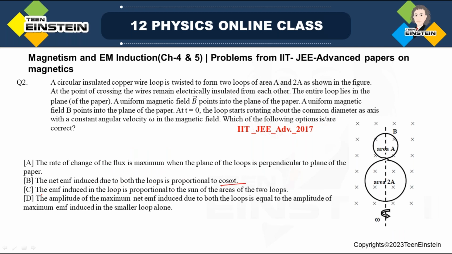The EMF induced is proportional to the sum of the areas of the two loops. The amplitude of the maximum net EMF induced due to both the loops is equal to the amplitude of the maximum EMF induced in the smaller loop alone. So we have to justify which one is the correct answer for this question.